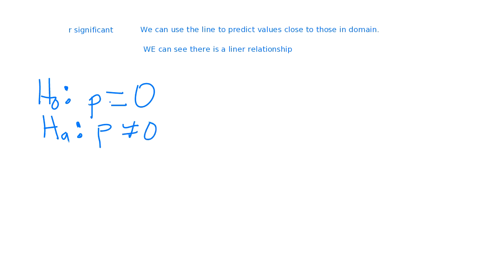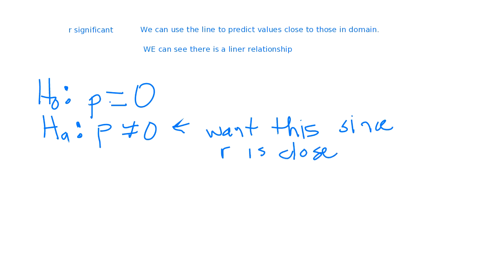So we want this, since that means if P is not close to 0, that means R is close to 1. So if it's significantly different than 0, then if R is close to 1 or -1, R is our correlation coefficient, then it's linear. Then we have a linear relationship. It's a very high correlation.